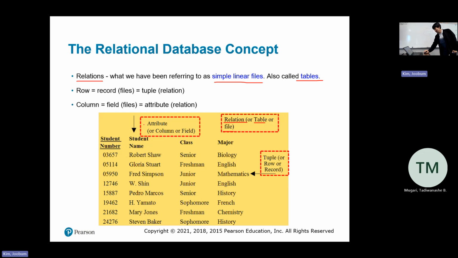And then this is a column, attribute or field, and the row, tuple or record. They are used interchangeably.